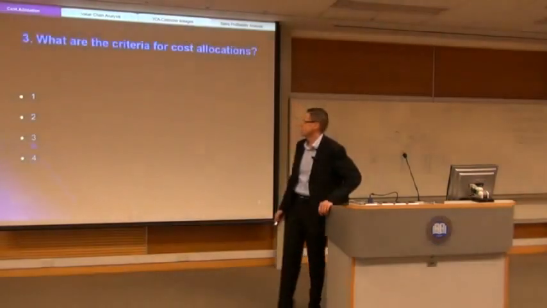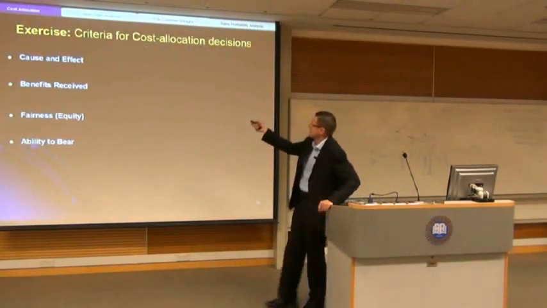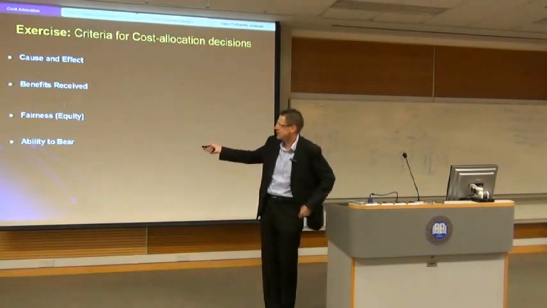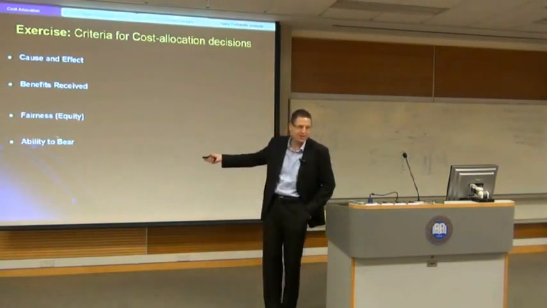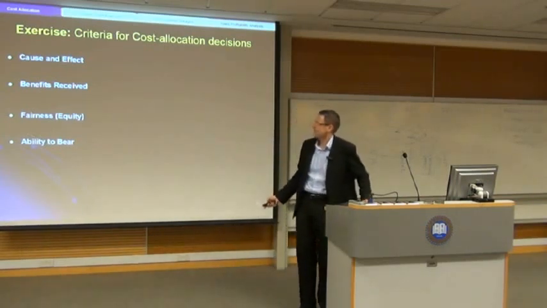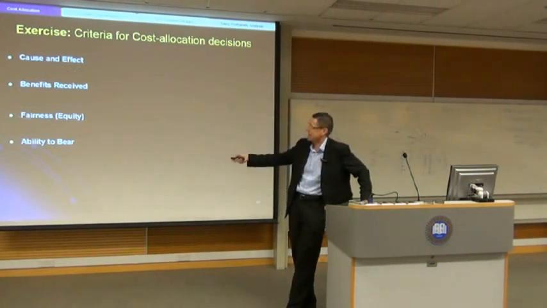So here's your job. You have this criteria for cost allocation: cause and effect, benefits received, fairness, and ability to bear. Each of these is a different criterion for why we may allocate costs.